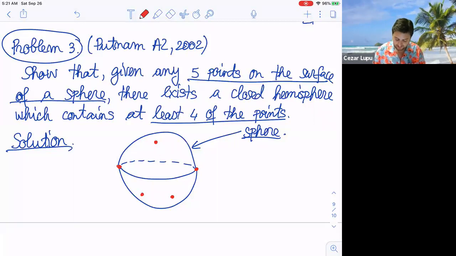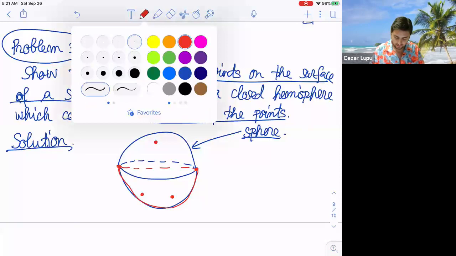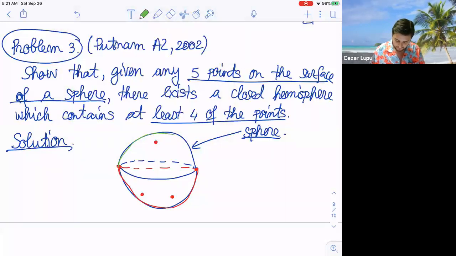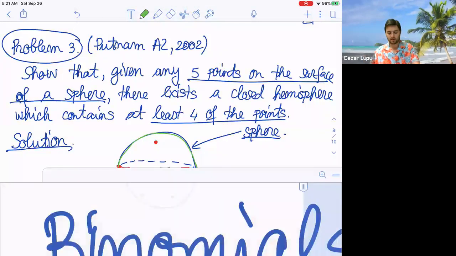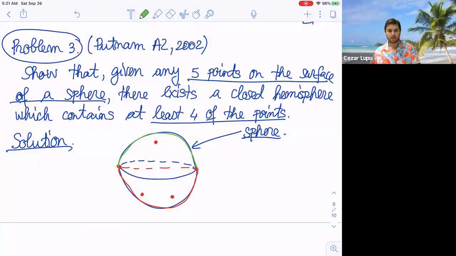So I divided this into 2 hemispheres. But anyway, you can divide it any way you want along a great circle. You can take other 2 points. So these are the 2 hemispheres.